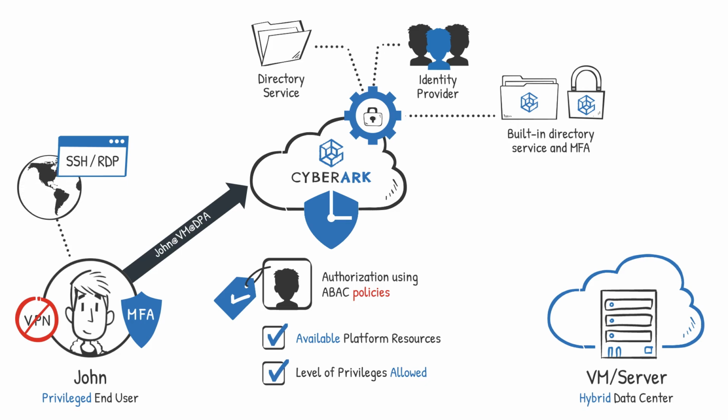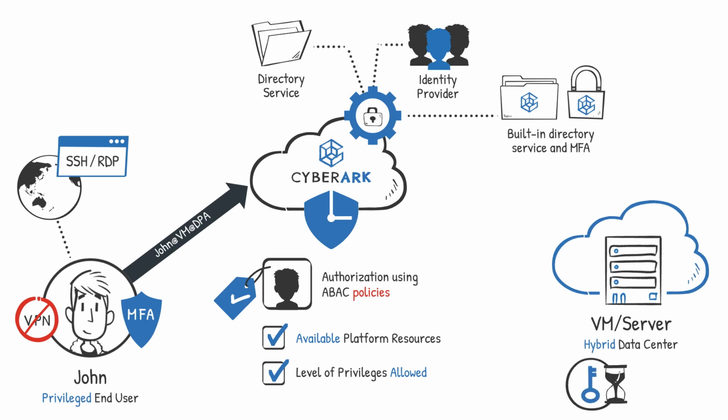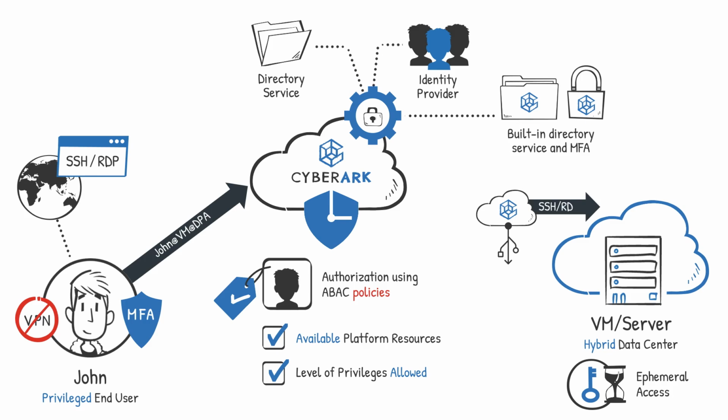Once the authorization stage is complete, DPA creates an ephemeral access for John on the target. Then, a lightweight connector within the organization's data center tunnels the SSH or RDP session to the target machine through an outbound secured reverse tunnel to the DPA service.